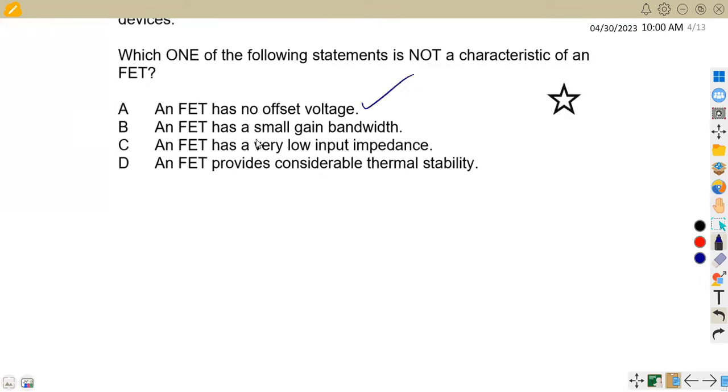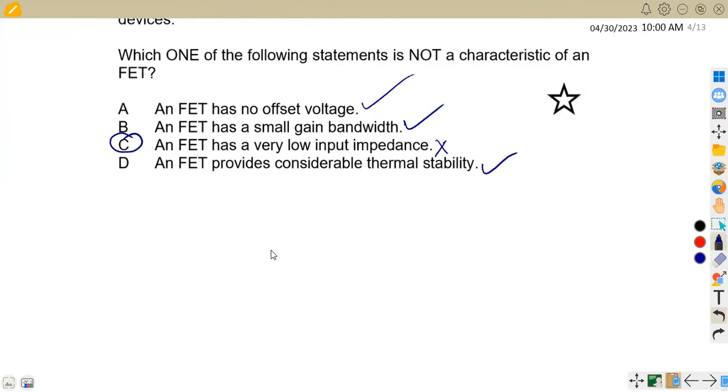An FET has a small gain bandwidth, which is also true. It has a very low input impedance. This is not true. It provides considerable thermal stability, which is true. So the answer there is supposed to be C.